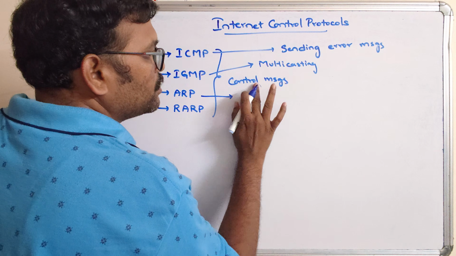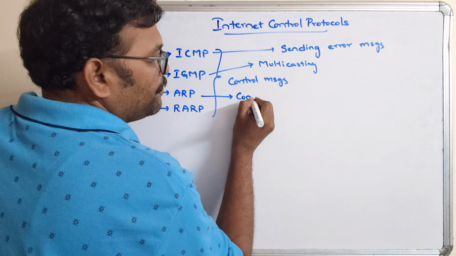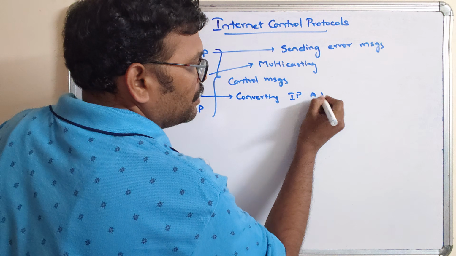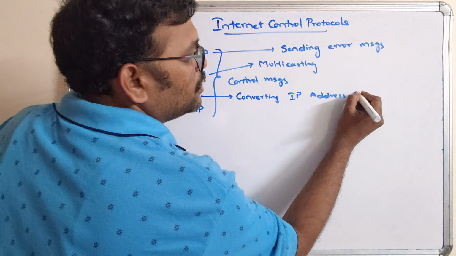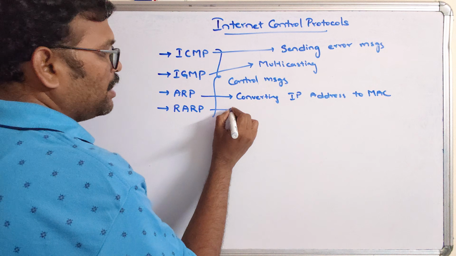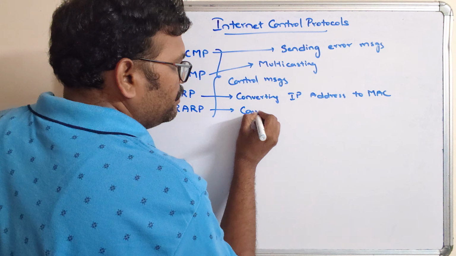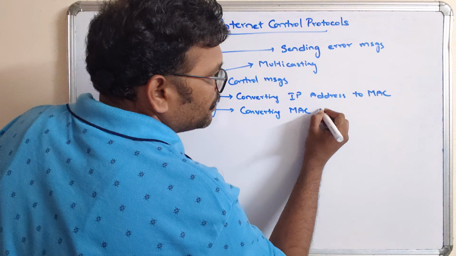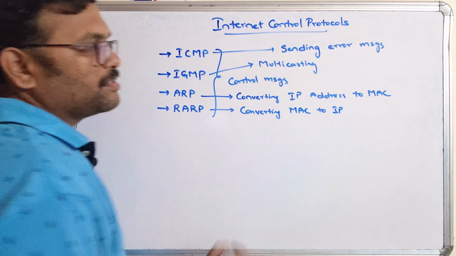ARP is used for converting IP address to MAC address, and RARP is used for converting MAC address to IP address.